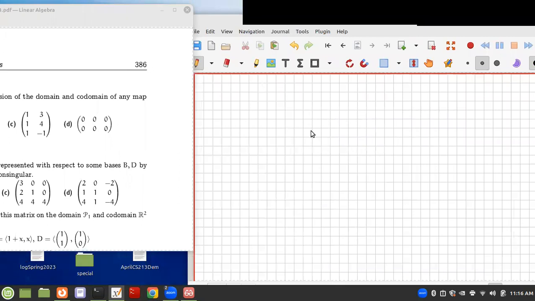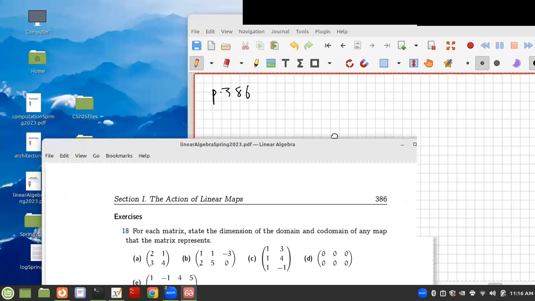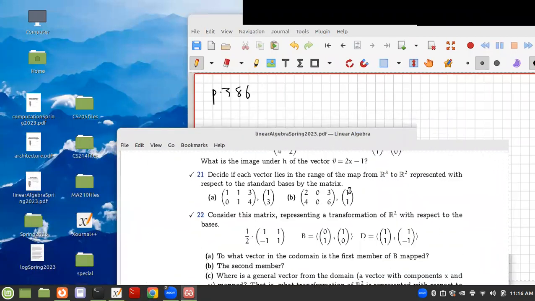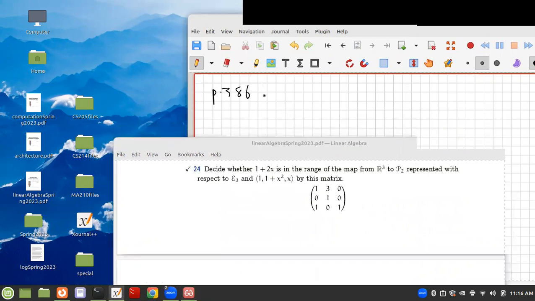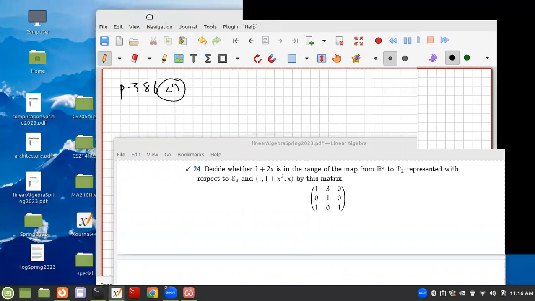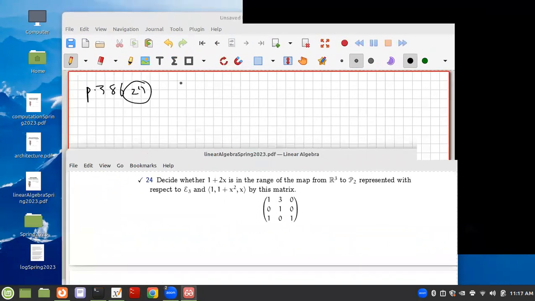This is on page 386, problem 24. We're given a vector v as 1 plus 2x, and let's call this w.